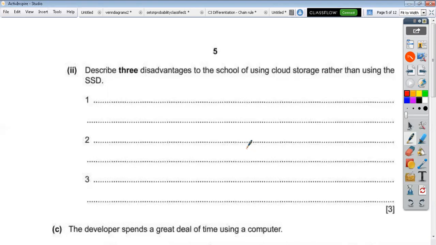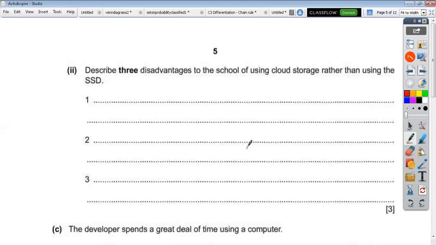The more you want to increase, you're always paying, whereas with an SSD you just buy it once. These are ongoing costs because you're charged monthly. Are we together? There are ongoing costs associated with cloud storage.